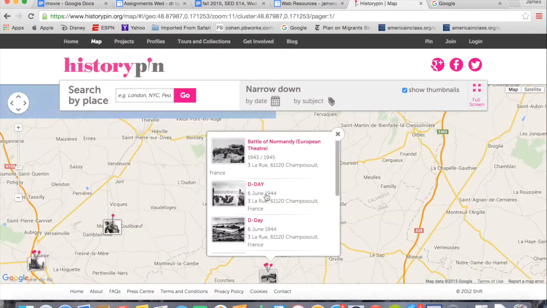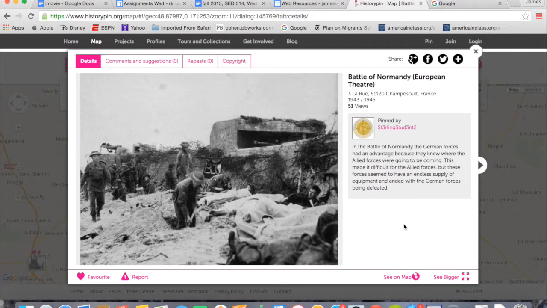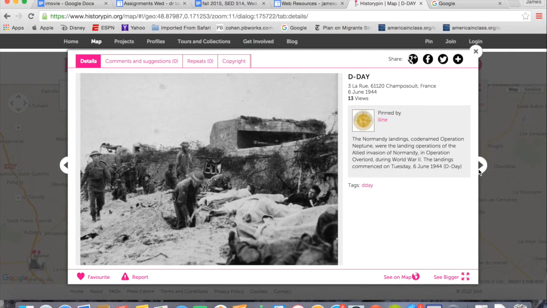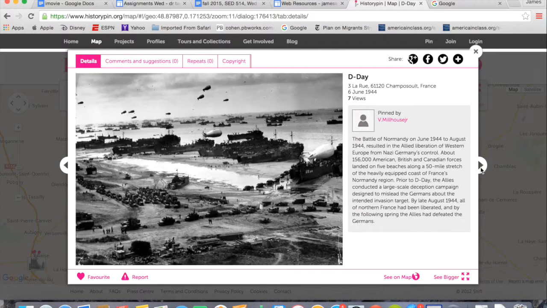Fewer pins, but still quite a few. You get pictures from the event and the exact location where it was. It would be great for students who are learning this information to map it and write some information about what occurred. I think it gives more context to what they're learning.